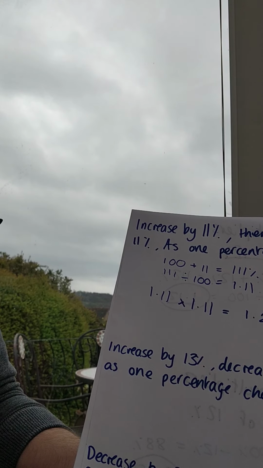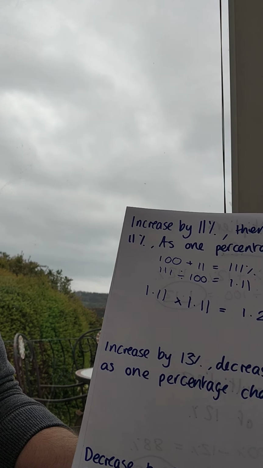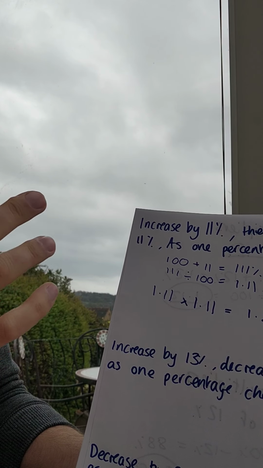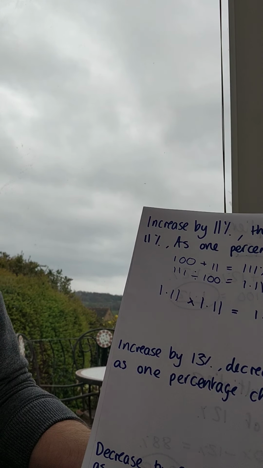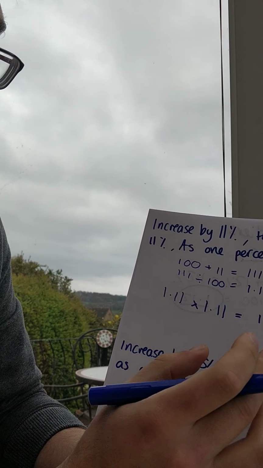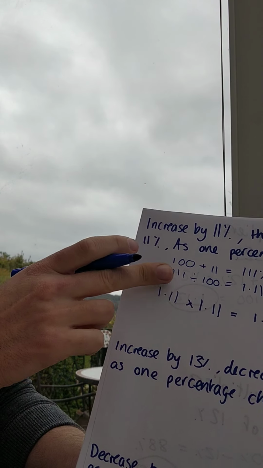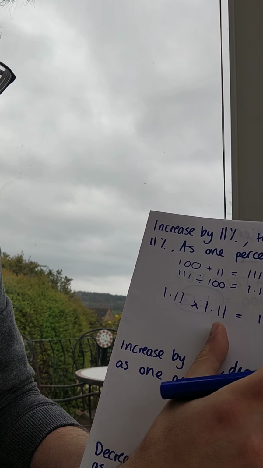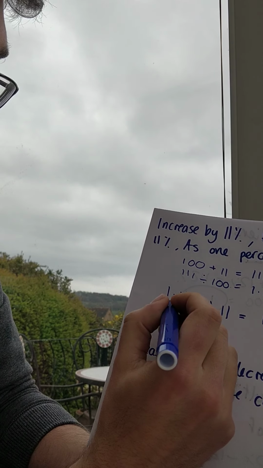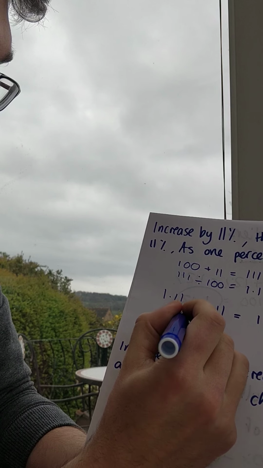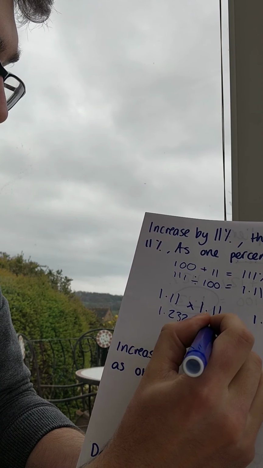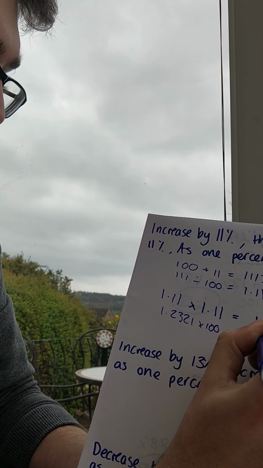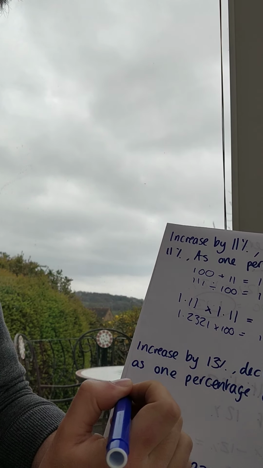You get 1.2321. Now if you need to find out what exactly the percentage increase is for that, you might already be able to see you're going above 1, basically doing this kind of in reverse. If you convert that into a percentage, by times by 100, 1.2321 times 100 equals 123.21.